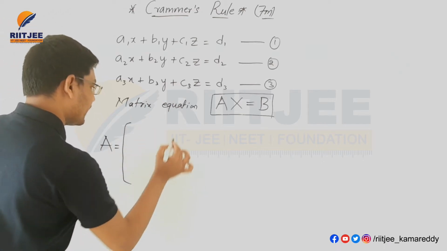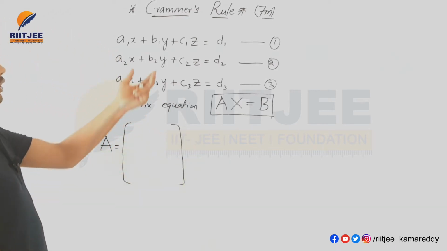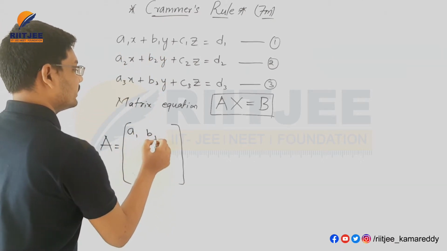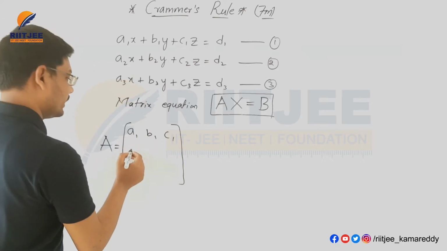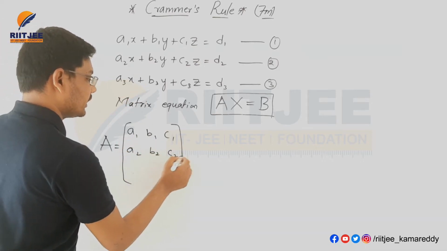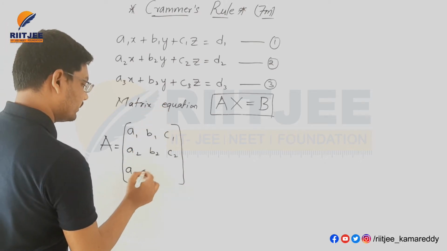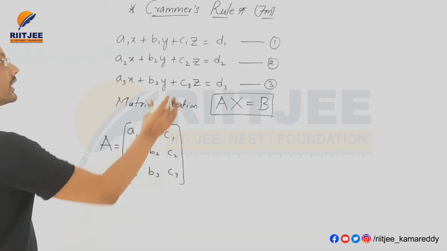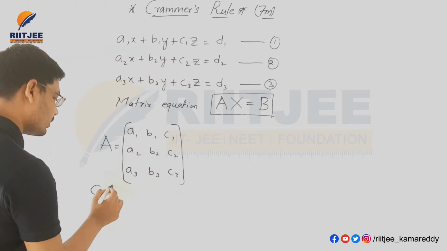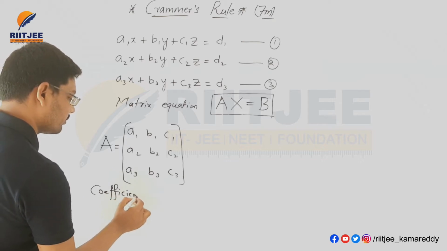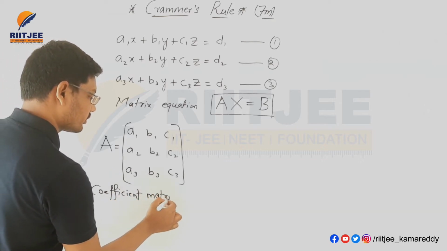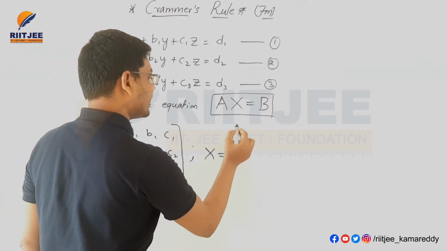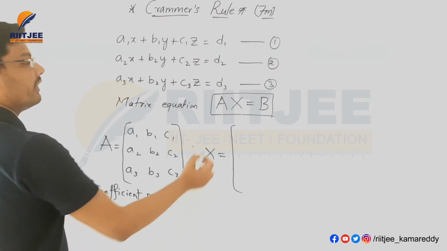First, A is nothing but the coefficients of variables here: a1, b1, c1, and a2, b2, c2, and a3, b3, c3. This is all about the coefficient matrix. A is called the coefficient matrix, and X is a variable matrix.